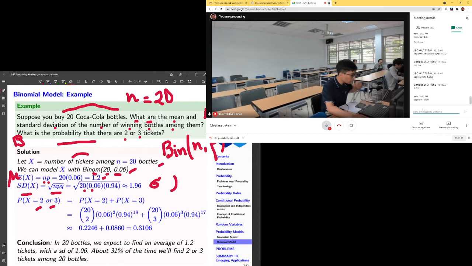Quang Huy, Hồng Na, Hồng Quân, and Tấn Lộc, three guys got the same value, so we follow that one. Forget this one, it is wrong. Now compute the probability here.